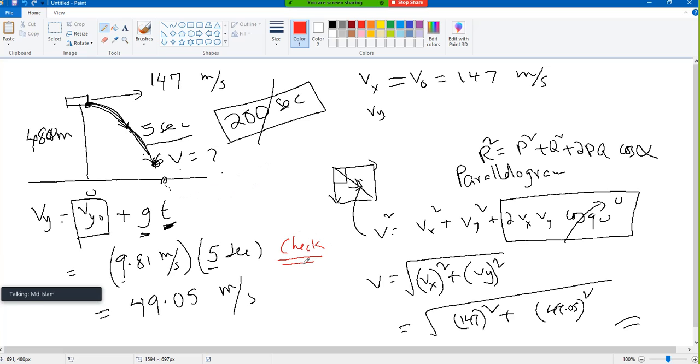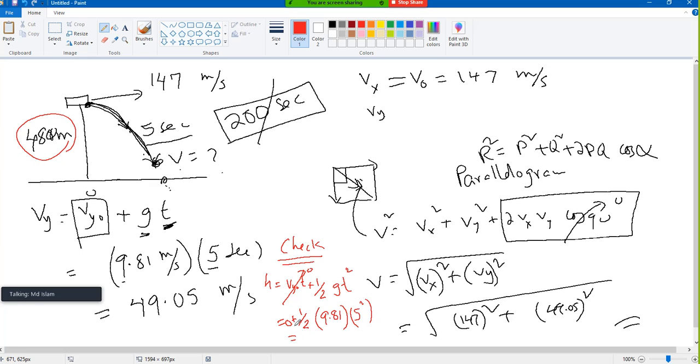So that checking I am doing here. What is the check? To confirm, this height was given. So we'll find our height after 5 seconds. So h equals Vy naught t plus half g t square. Initial velocity was 0, so it is 0. Half g is 9.8 over 2, t is 5 square.